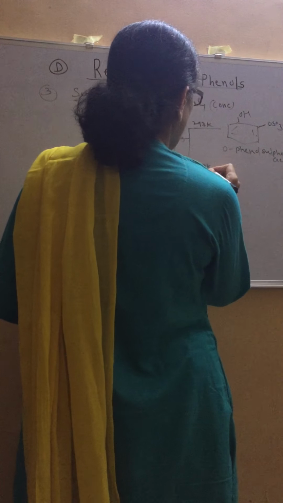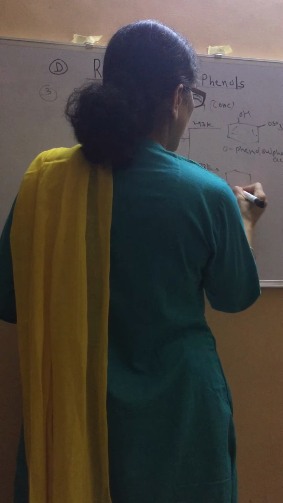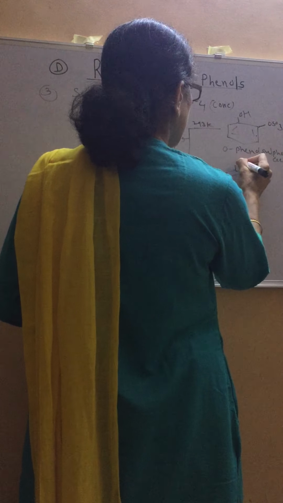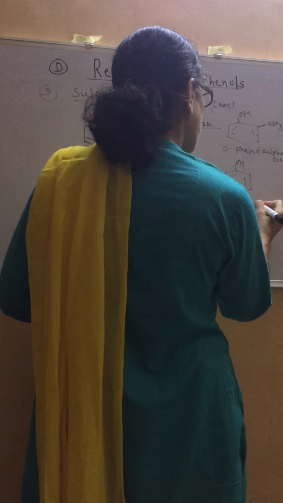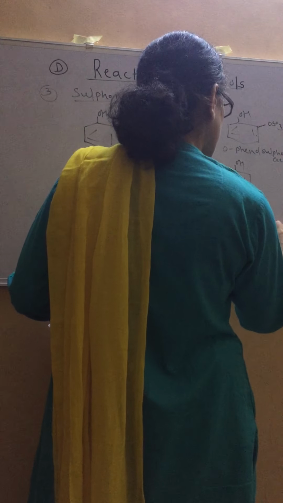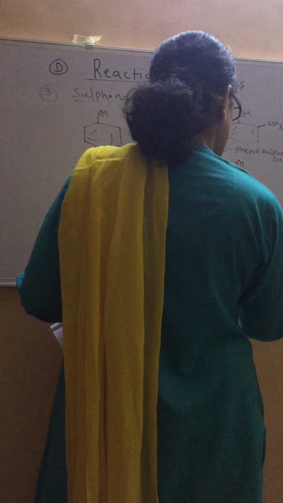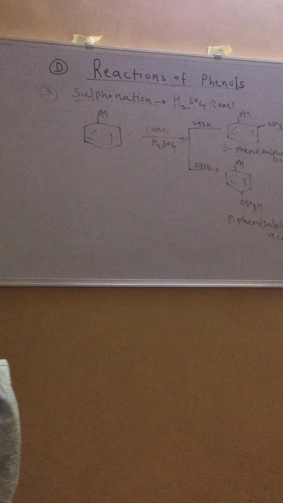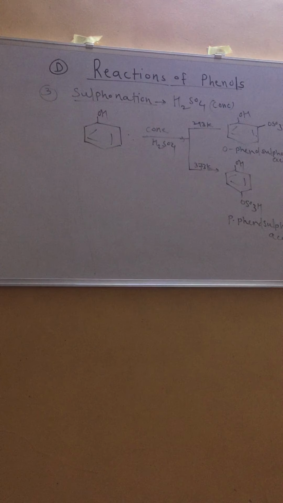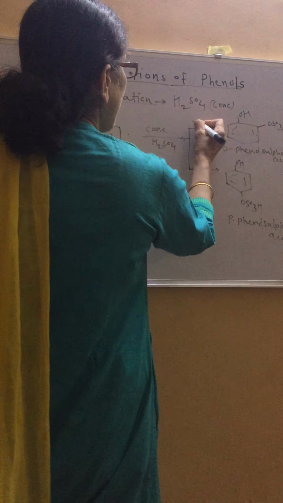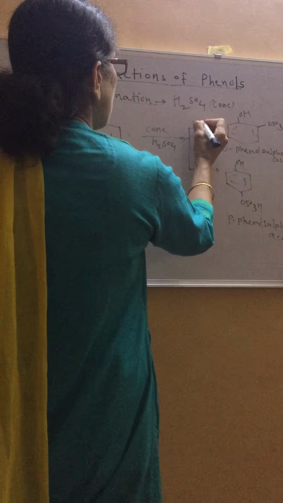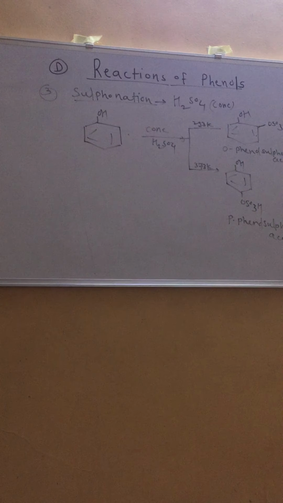higher temperature, we will get paraphenol sulfonic acid. See the reaction again. When phenol is treated with concentrated H2SO4 at 293 Kelvin, room temperature, we will get orthophenol sulfonic acid, and at 373 higher temperature we will get paraphenol sulfonic acid.